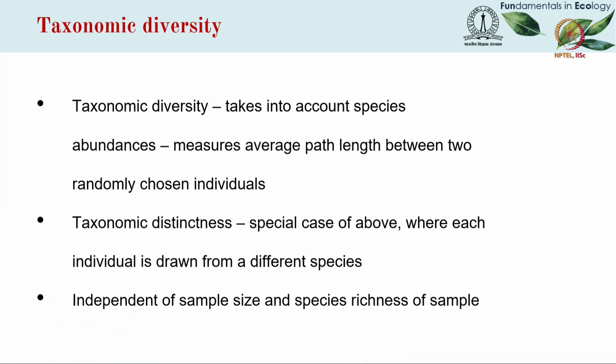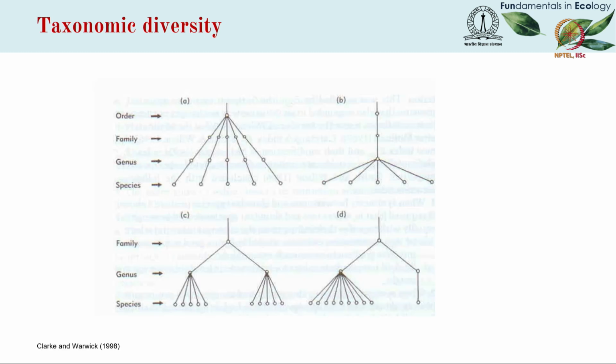These are independent of sample size and species richness of the sample. Visually, we can look at these relationships on the right and left, and in case A, if you look at this as species, genus, and family, and likewise here.